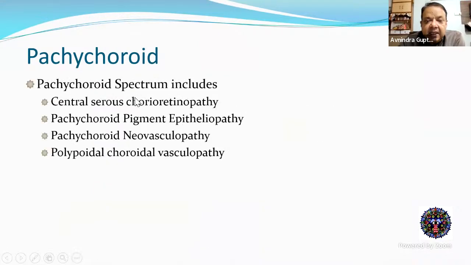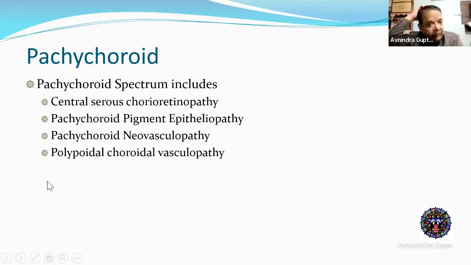Pachychoroid means thick. The pachychoroid spectrum includes central serous chorioretinopathy. The second presentation of pachychoroid is pigment epitheliopathy. You can have pachychoroid neovasculopathy, which we will refer to as PNV, and polypoidal choroidal vasculopathy, which we will refer to as PCV.